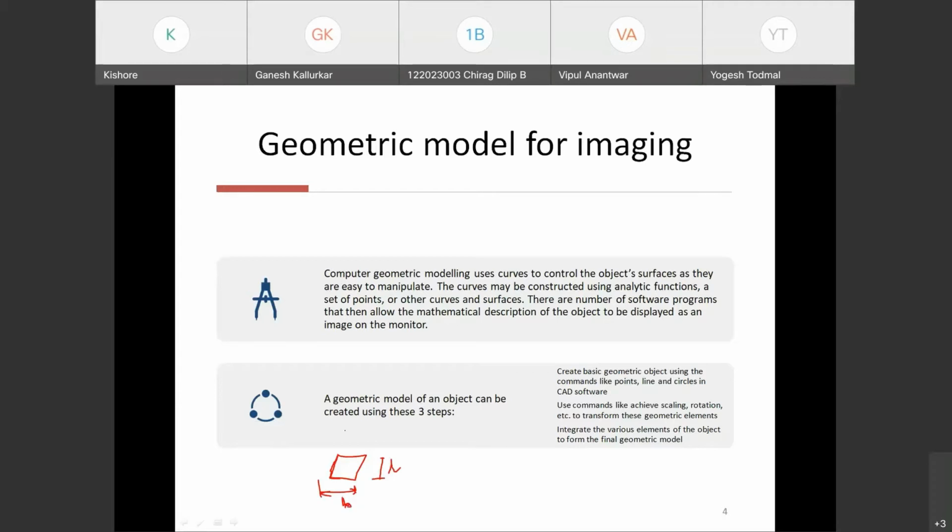Then probably you want to create, let's say you're modeling a sound bar, which is something like this, which has certain slots for your speaker, and this is what you want to model. This is in 3D, something like this.